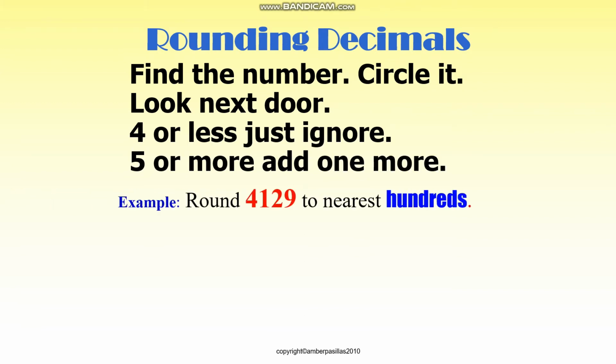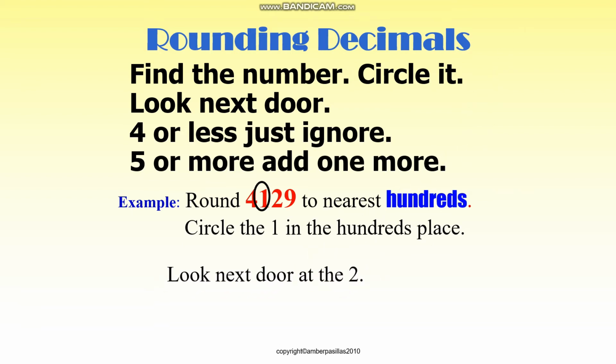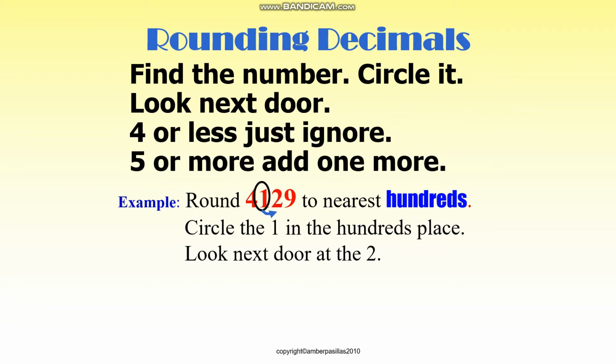Example, round 4.129 to the nearest hundredths. The first step is to find the number that you are looking for. So let's circle 1 in the hundredths place because the direction is to round 4.129 to the nearest hundredths. The next step is look next door at the 2.